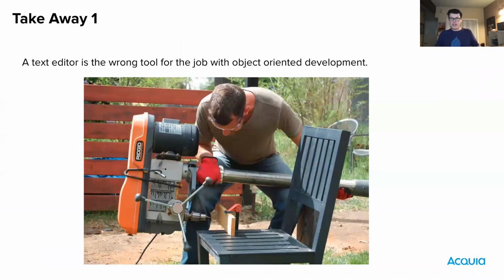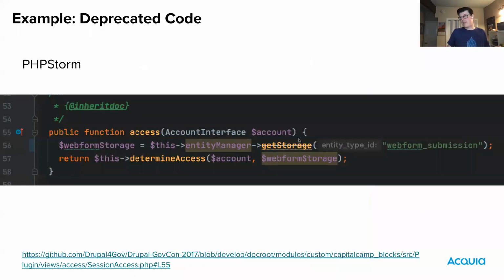So I just want to quickly do two takeaways here before we move on. The first one is a text editor is the wrong tool for writing custom PHP code in Drupal 8. But that's not to say you can't do it. You can. You're just going to make your life a lot harder. And a prime example is this, right? I know entity manager is deprecated.